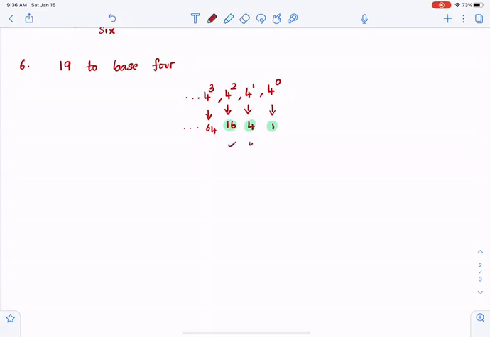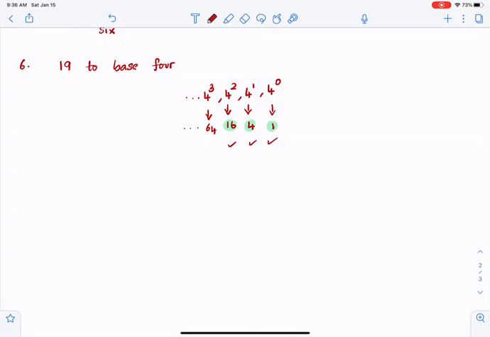So my final base 4 number can only have 3 digits, and all 3 digits must be less than 4. If you come up with a digit that's bigger than 3, you made a mistake.